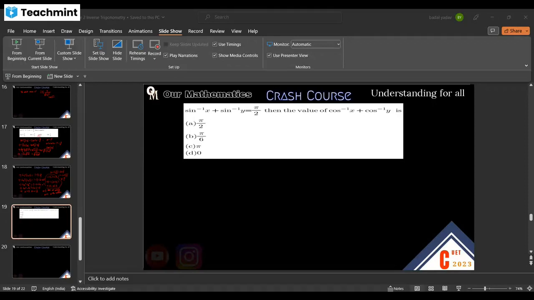I will write the question on the whiteboard. Okay. Sin inverse x plus sin inverse y is equal to pi by 2. Then, okay, no one picked the correct answer.